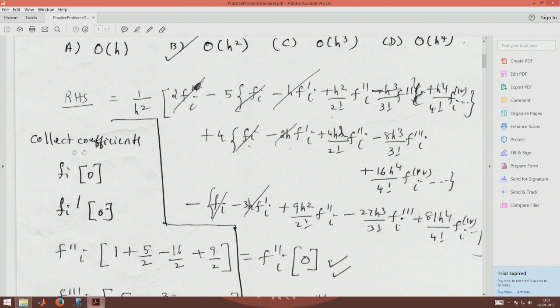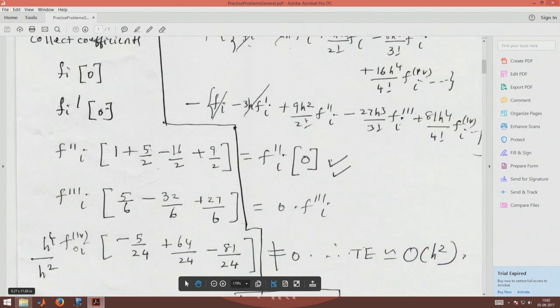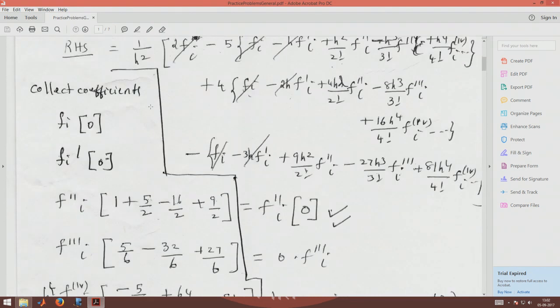So, collect the coefficients of fi, you will see it is 0, f dash i, that is also 0, f double dash i also turns out to be 0, f triple dash i also turns out to be 0. On the other hand, the 4th derivative of i coefficient turns out to be different from 0, and so you have the right hand side has h power 4 into 4th derivative at i divided by h square, because your formula had 1 by h square in it.